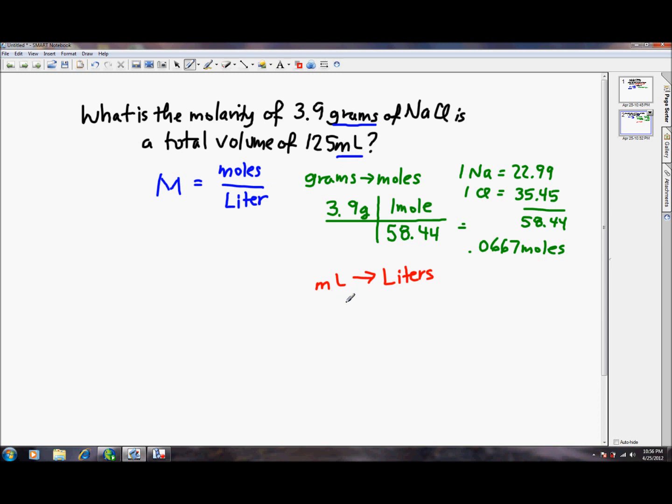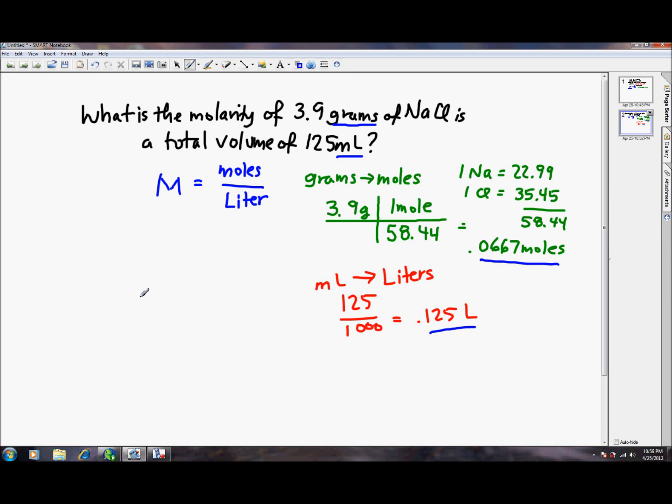Milliliters to liters is really easy because you just take the mils divided by 1,000. Which is going to be 0.125 liters.